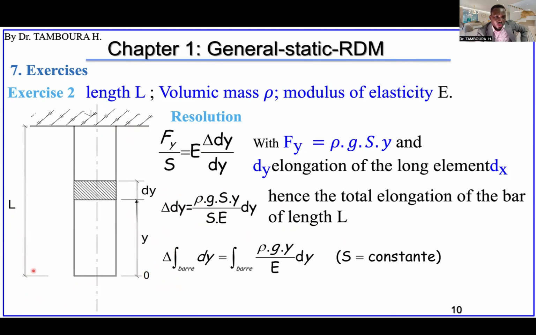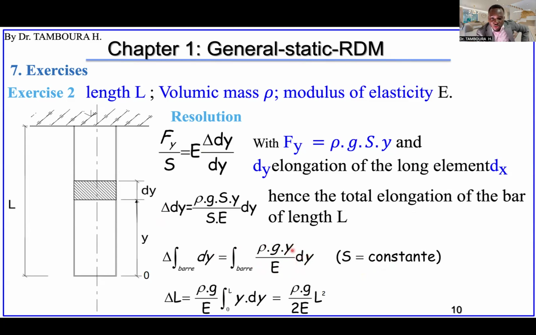So here is 0, and the maximum is L, so it will be from 0 to L. Okay, so this rho is a constant, g is a constant, E, the Young modulus, is a constant. So we can send these out. We will have only y dy, which is easy to integrate.